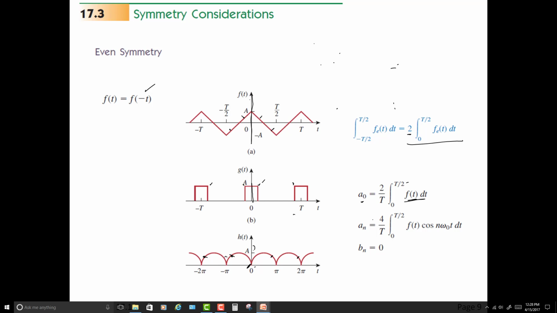All right, the cosine values were 2 over t, so now we're doubling those to be 4 over t, and we go through all the cosine values. And in the way that I just described to you, we could go through the math and we'd find out that the sine values will end up 0, right? So it's a cosine-rich waveform, even symmetry. See, there's something that comes out of it kind of right away. All right.